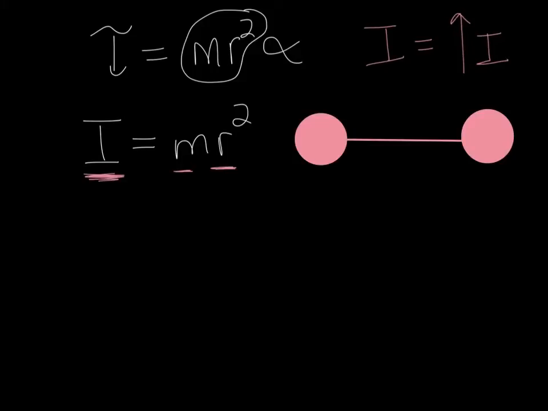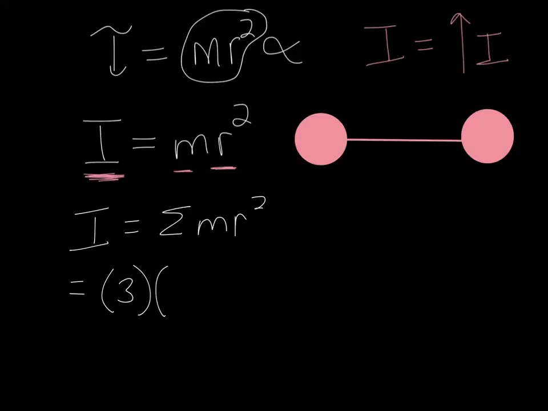So the idea would be that if I want to find the total moment of inertia, I have to sum up the individual moments of inertia for this shape. In this case, I would have 3 kilograms times the location from the center of rotation, which in the first case is going to be 0.6 squared, because I said it was a 1.2 meter long rod.